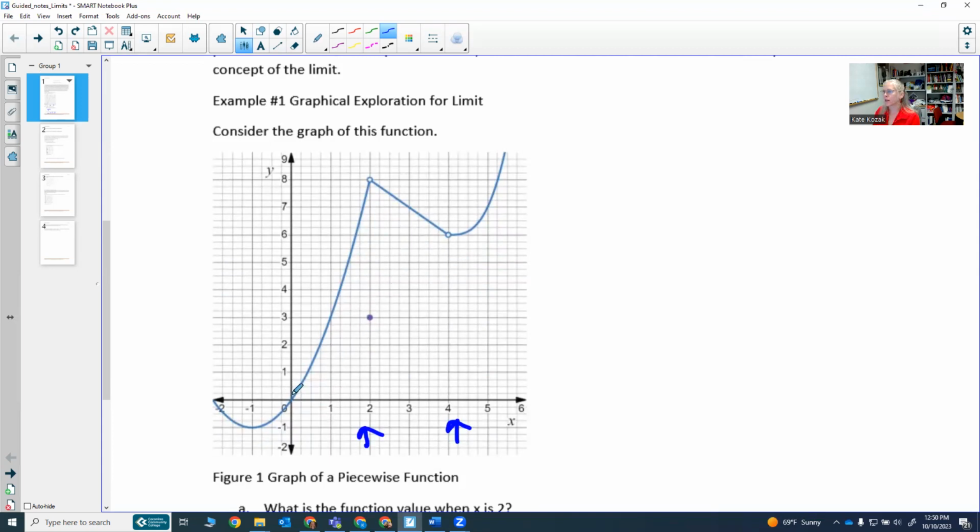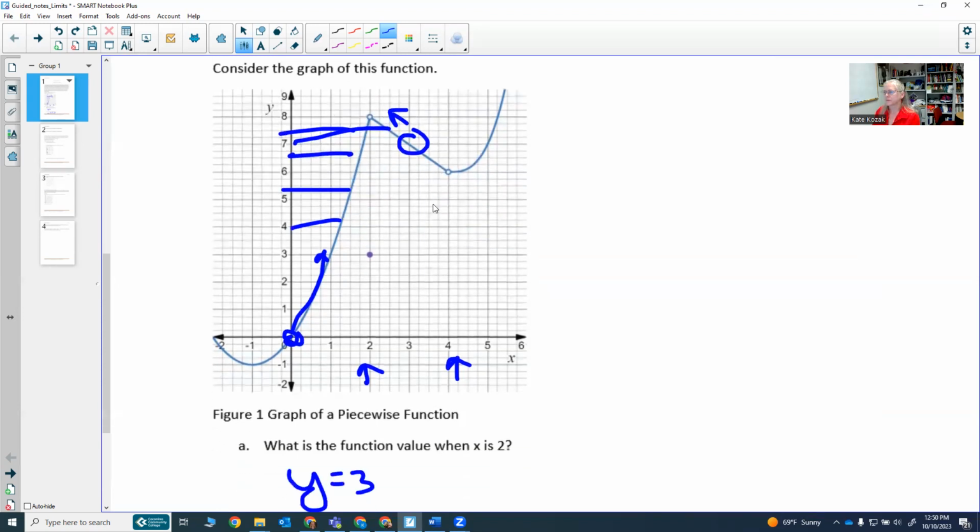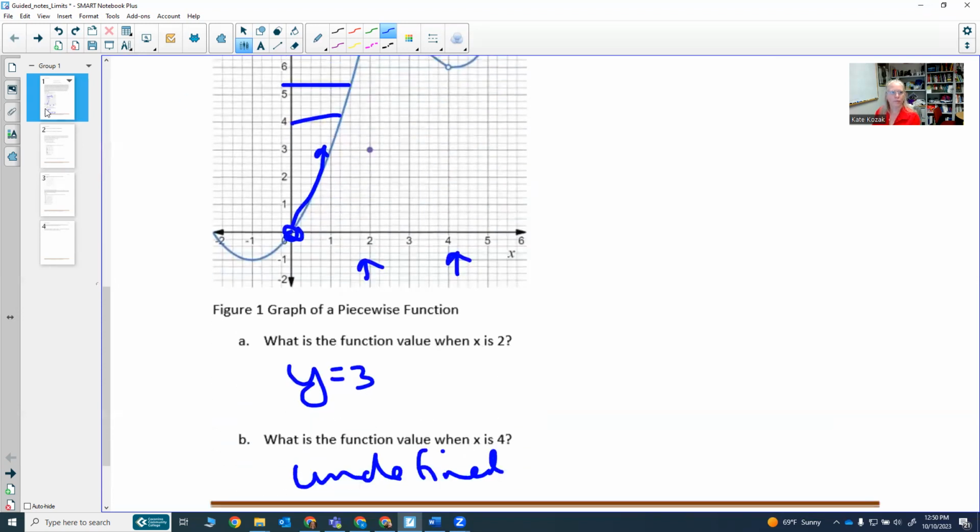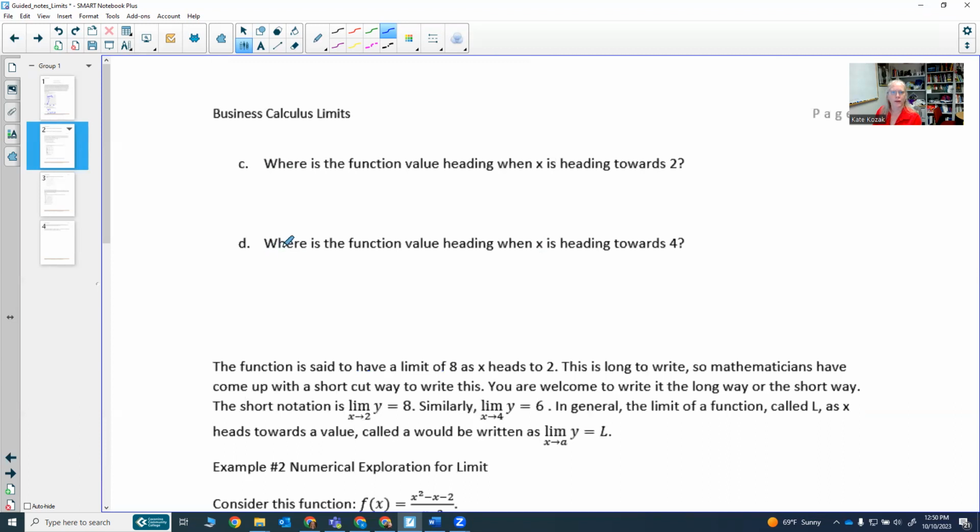Think of it as you're walking along the graph starting at x equals 0, or at x equals 3. As you walk towards x equals 2, you're going to notice you're heading towards the value of 8. So that says y is heading towards 8.